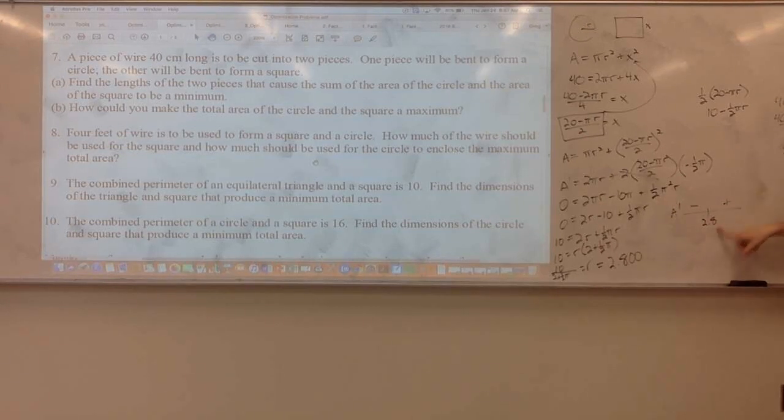Right. So I'm going to take this 2.8 and plug it in for r in the 2 pi r, which we already did right here. We got 17.593. Right?